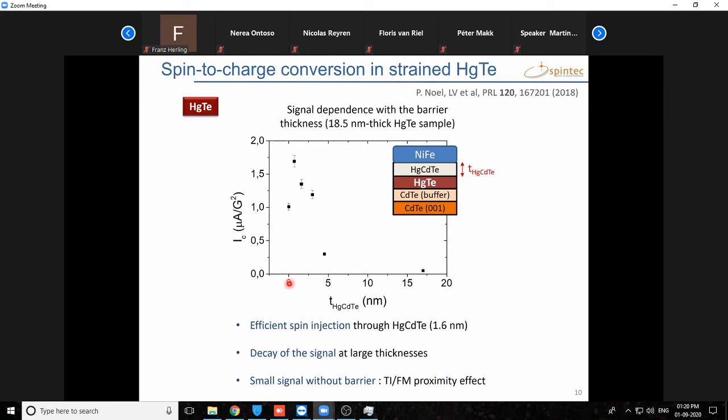And if we study the produced charge current as a function of the thickness of this barrier, we see that there is an optimum at some finite thickness of this mercury cadmium telluride insulating barrier. This leads to a larger charge current production with respect to a sample that is in direct contact. And if the barrier is increased, of course, the charge current production decreases.